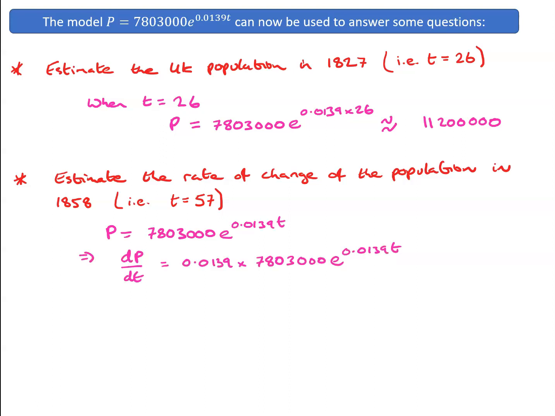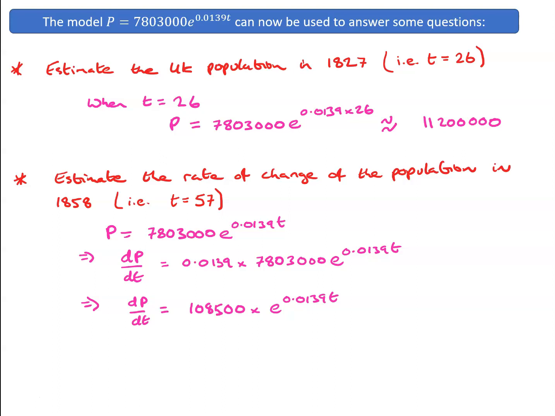We've got dP by dt is 7,803,000 times 0.0139 times e to the 0.0139t, which simplifies to dP by dt is 108,500 times e to the 0.0139t.